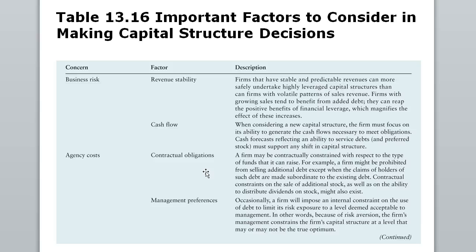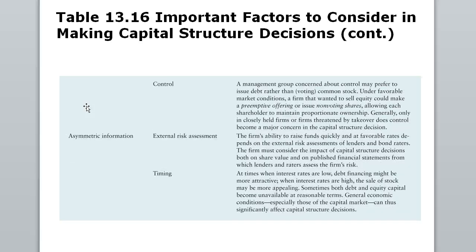It's not just the numbers that are going to equal the best results. Sometimes you have to think about how this affects your business. This may be the optimal earnings per share or the optimal stock price, but if I have to take on a high amount of agency costs, then it may not be worth it. Or if I have a high amount of business risk, I don't want to put myself under an obligation to pay back a lot of interest when my revenue and cash flow are less stable.